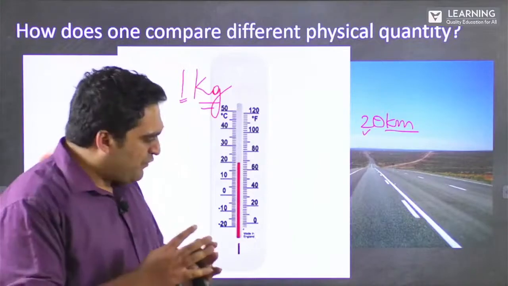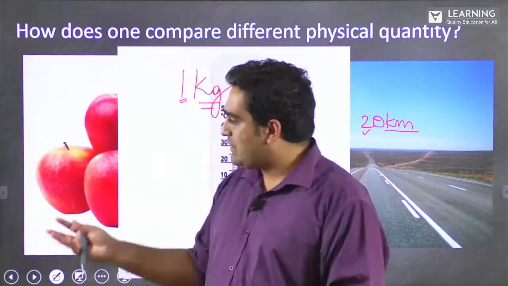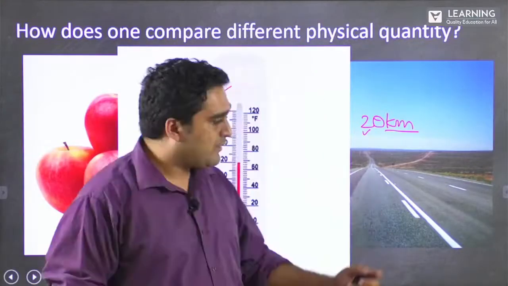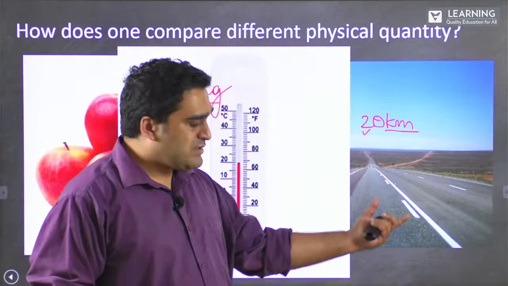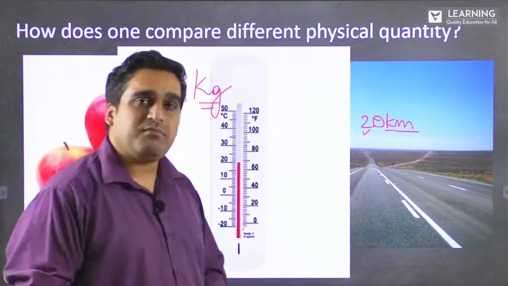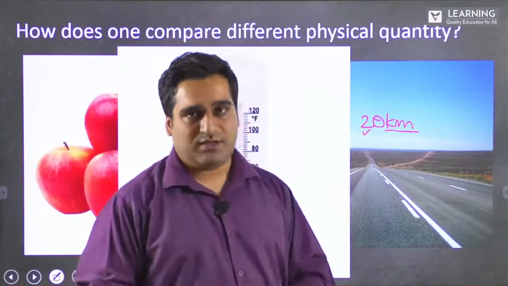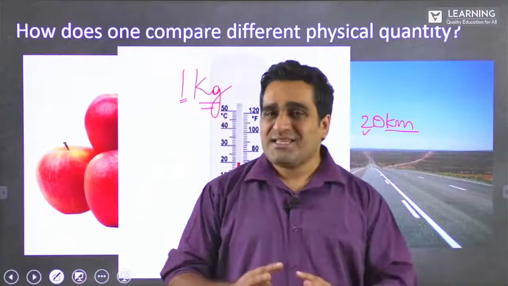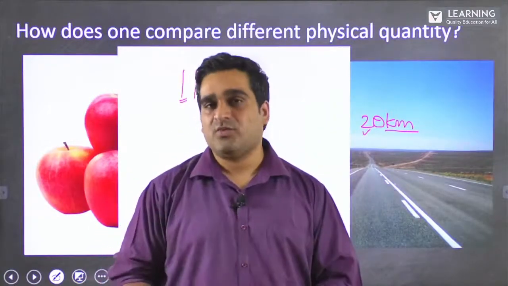So these physical quantities, such as mass, distance, time, which is from the previous example, and temperature, make up the fundamental quantities, the most basic physical quantities.